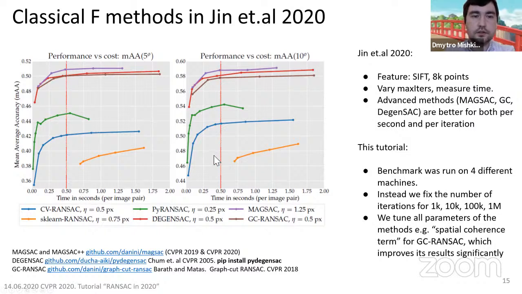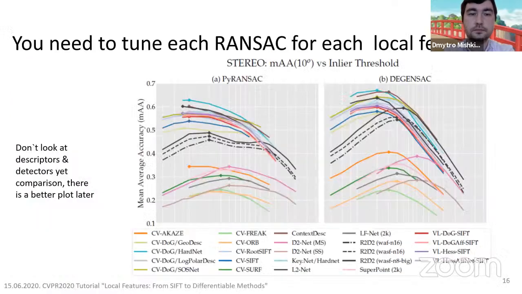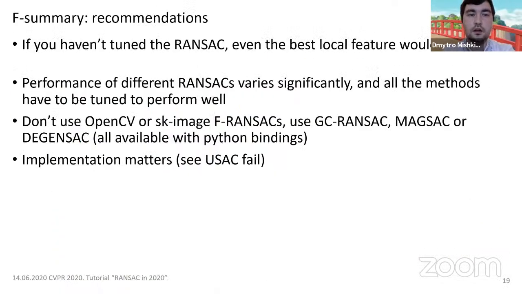It's somewhere here, like 0.40-something, instead of the 0.52 you can get. So use GC-RANSAC, MAGSAC, or DegenSAC. They are all available on GitHub with Python bindings. For DegenSAC, you can just install it with pip install. And also don't use USAC. It's bad as well.